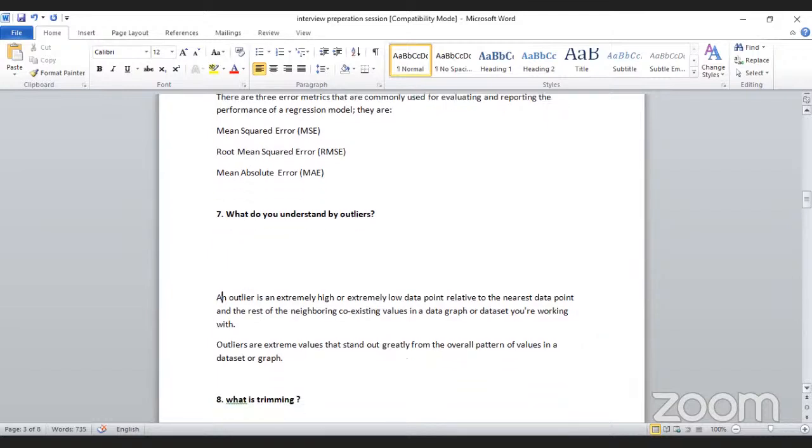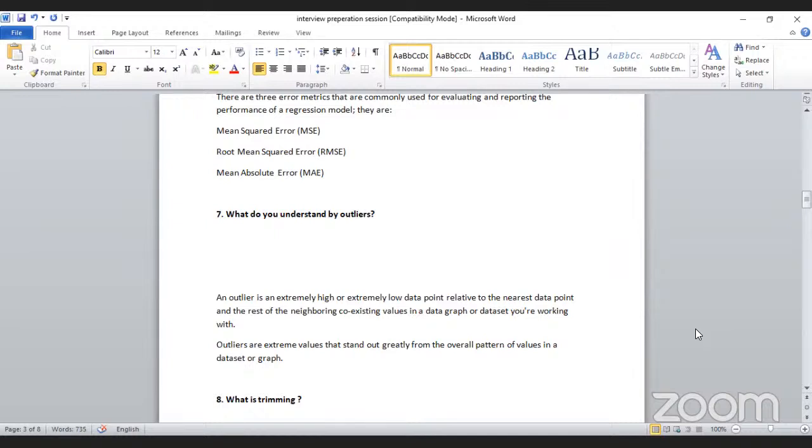So your next question is, what is trimming? So, any answers, friends? What is trimming? So we have seen what are outliers in our previous question.